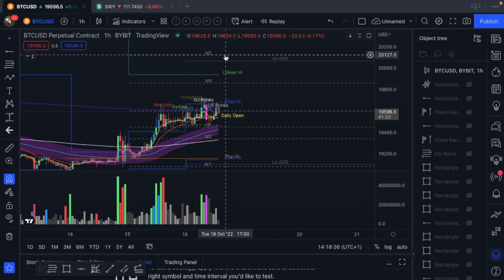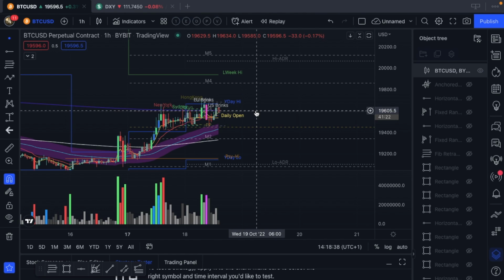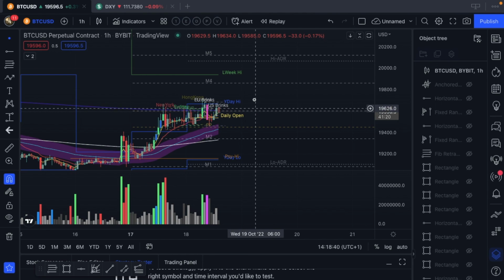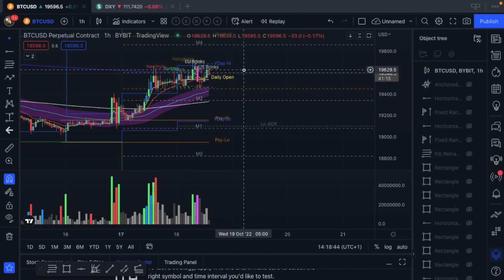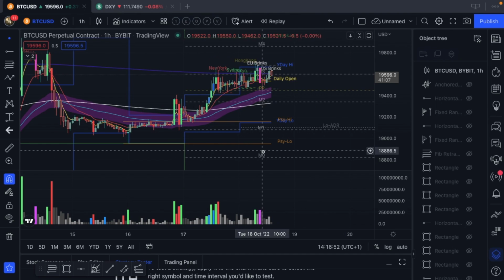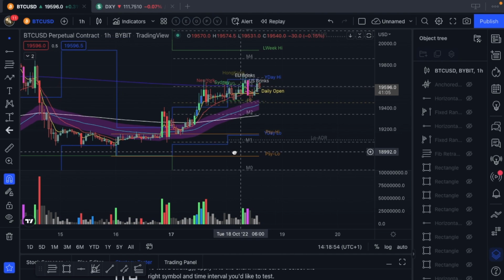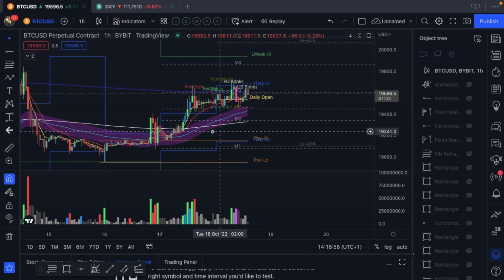If we reject off M5, we'd expect it to go down to M3. If we reject off M4, we expect it to go to M2. If we reject off M3, we expect it to go to M1. If we reject off M2, we would expect it to go to M0. So again, just the median of the standard pivot points.